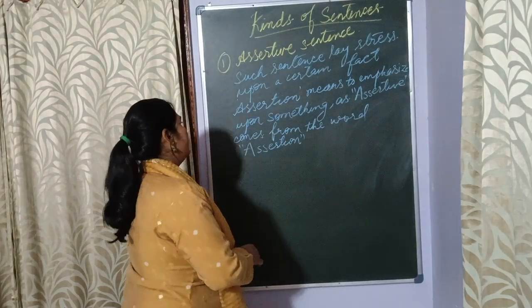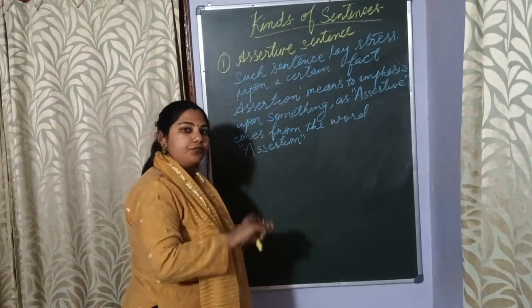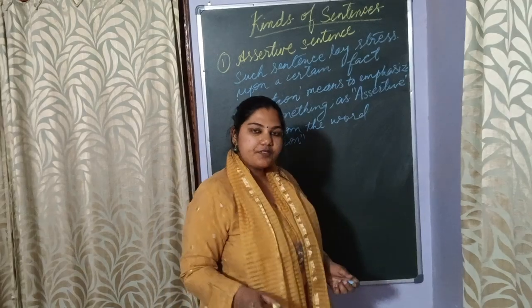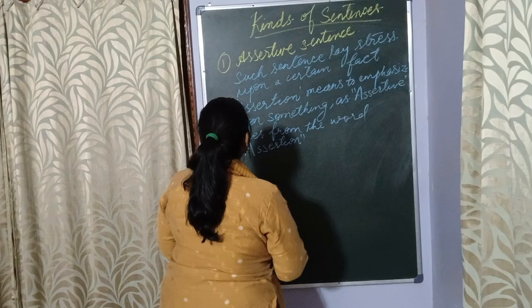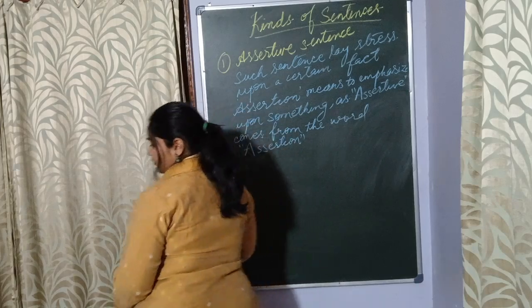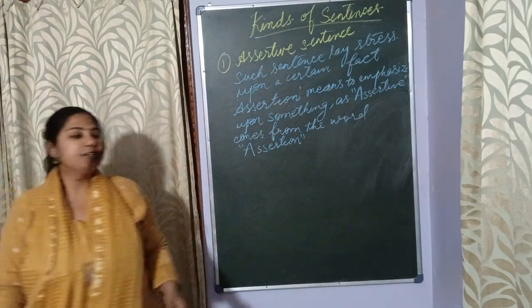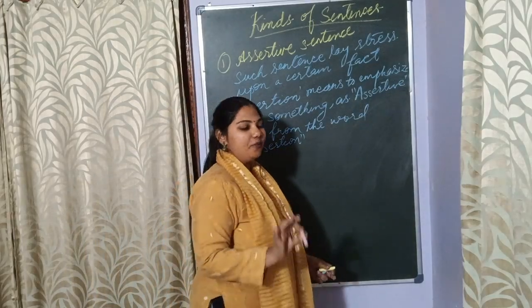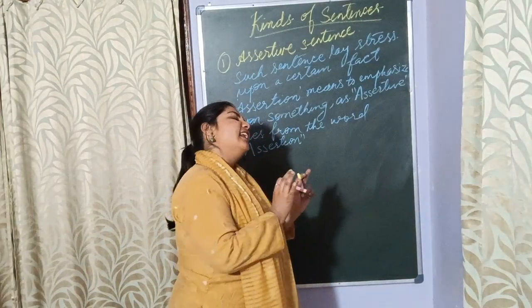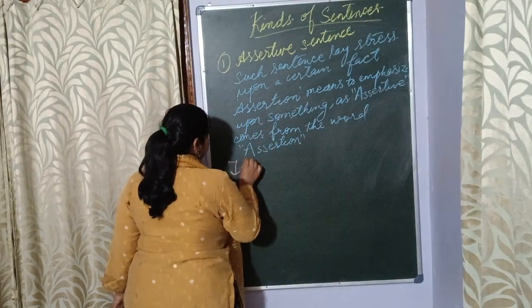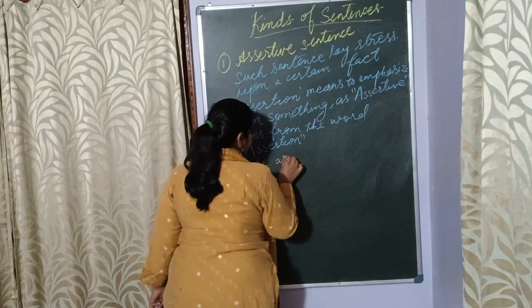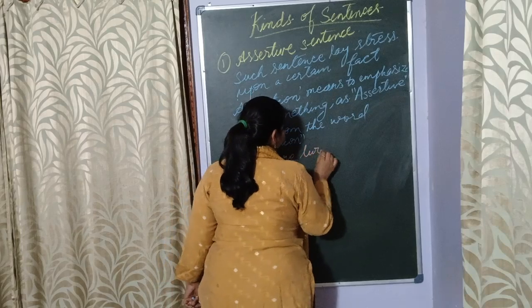ठीक है? Now, assertive sentences are of two types. One is affirmative sentence and the other is negative sentence. Write down. I'll try to use multiple chalks so that it looks attractive. I hope you'll find it slightly more attractive.